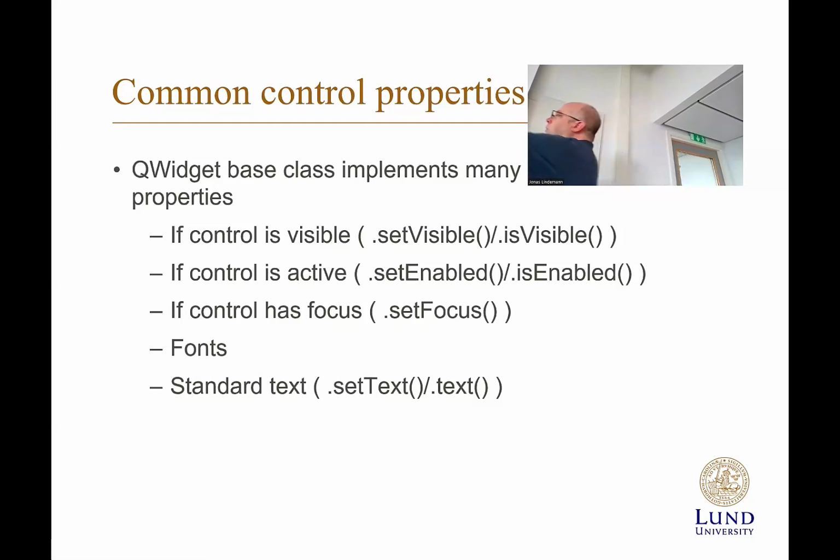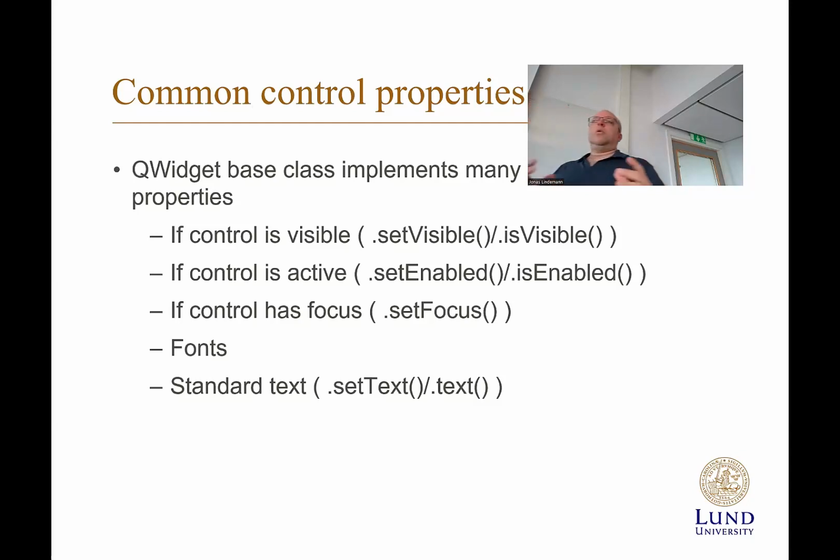For example, there is whether the control is visible, that is, drawn on the screen. You can call set visible with false, then it's not shown. It's still there, but it's not shown. You can check if it's visible using is visible. You can disable the control, and that means it's shown on the screen, but you can't interact with it. You can use set enabled true or false, and check if it is enabled.